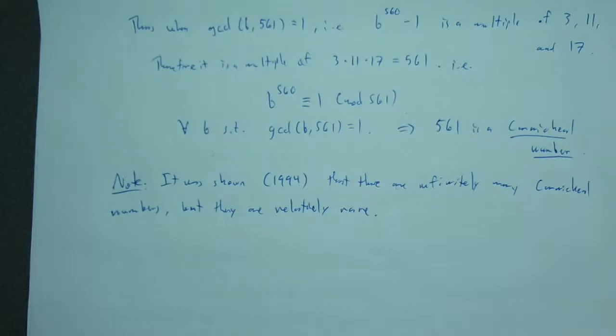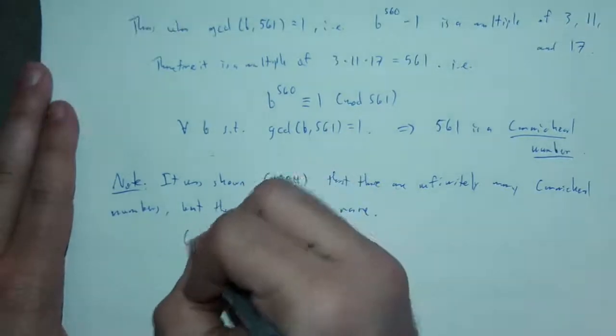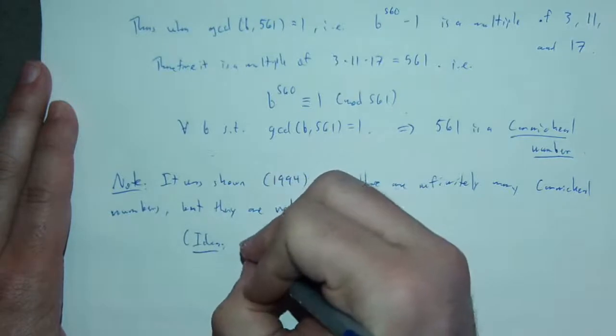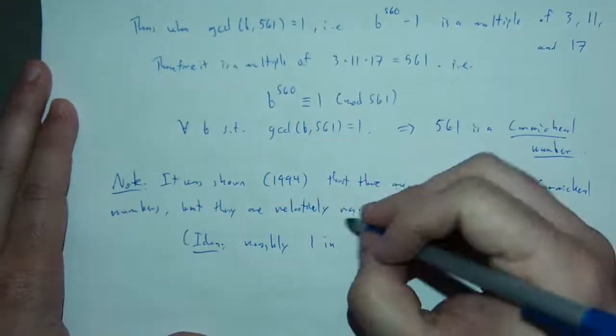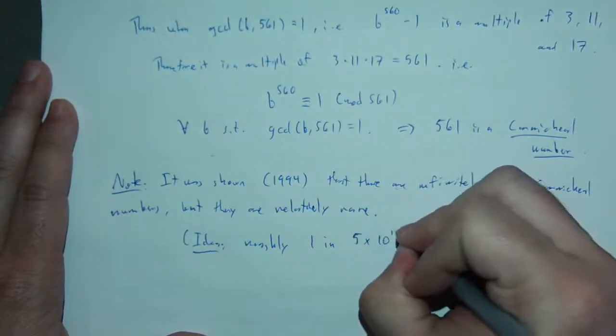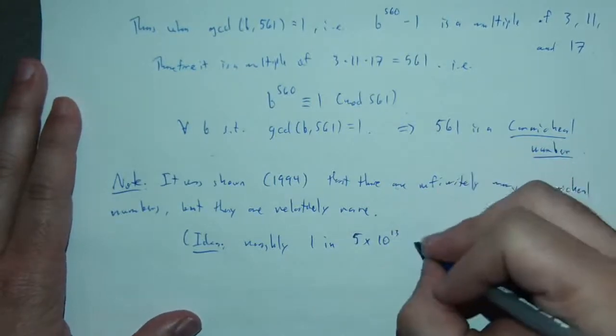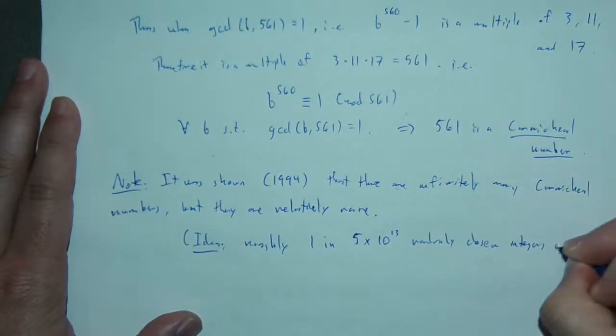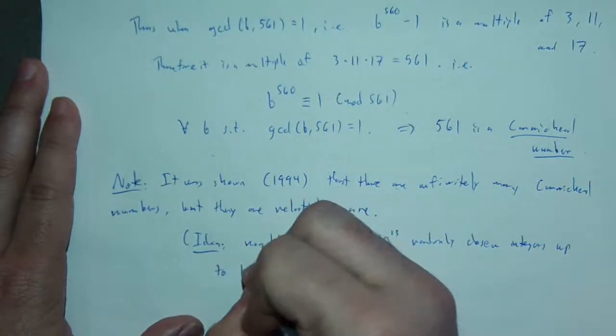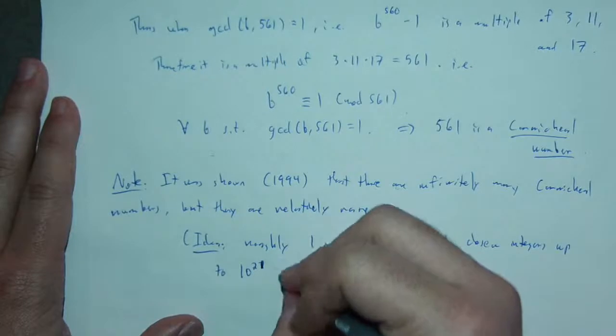According to computations, there are about 20 million Carmichael numbers less than 10 to the 21st, which seems like a lot, but to give you an idea, roughly 1 in 5 times 10 to the 13 randomly chosen integers up to 10 to the 21st is a Carmichael number.